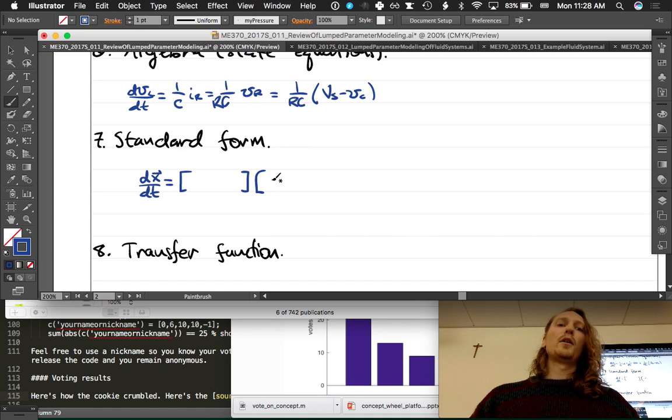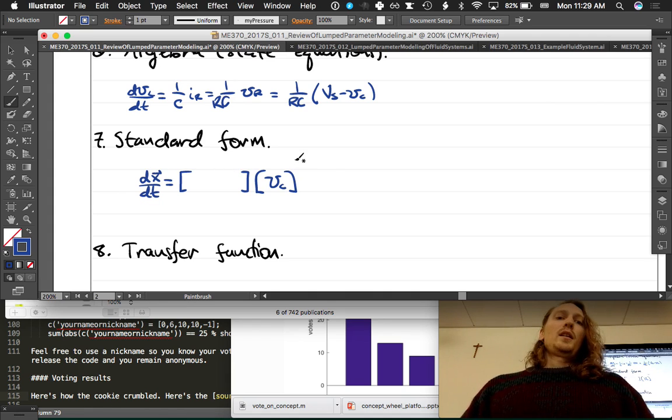The x vector is a what? 1 by 1, and it's just Vc, right? And the x vector over here had better be 1 by 1 too. So that means that the A matrix is multiplied by something equal to 1 by 1. So what does it have to be? 1 by 1.